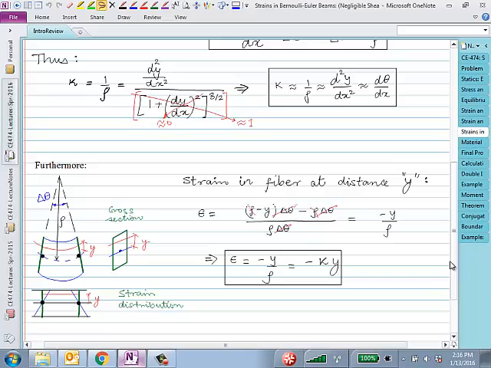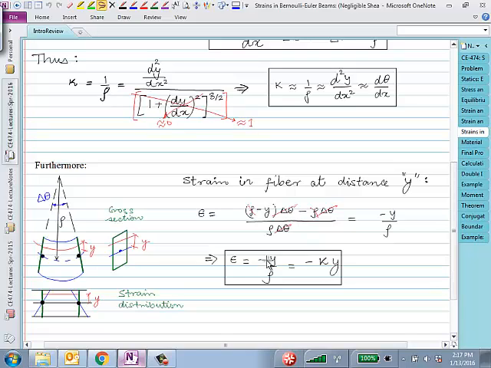No compression, no tension, so strain is zero. But as I go up a distance y, then the strain at a distance y is given by that distance y divided by the radius of curvature.